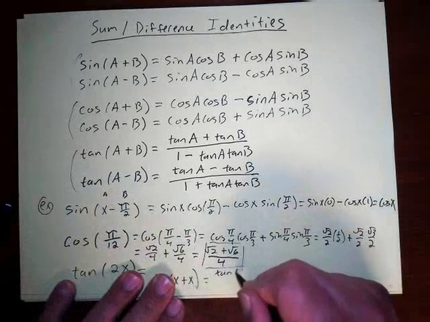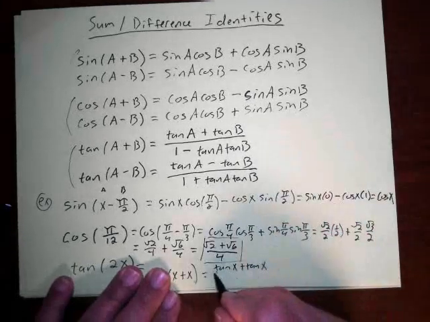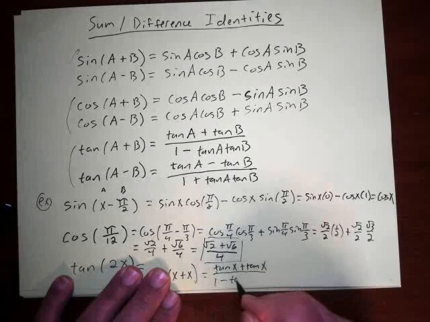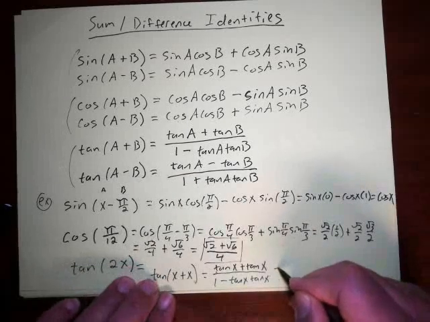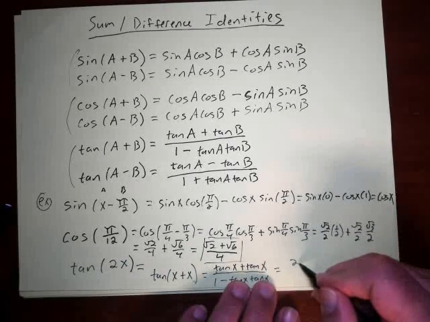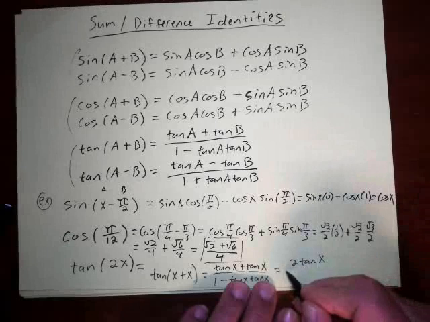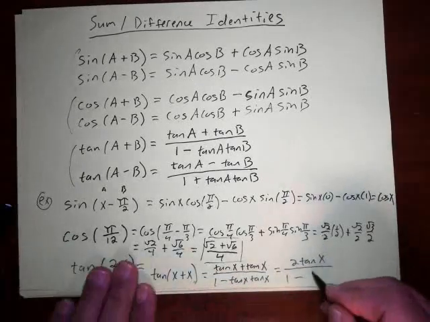So this would be tangent x plus tangent x, over 1 minus tangent x times tangent x. And then I could rewrite this. There are two of these, so that's 2 tangent x over 1 minus tangent squared x.